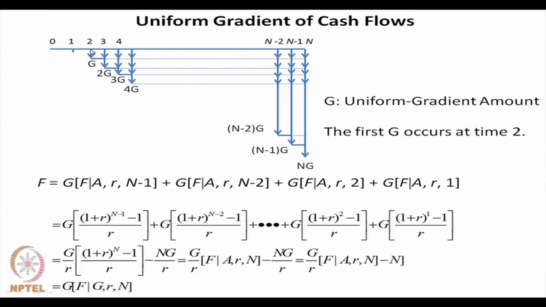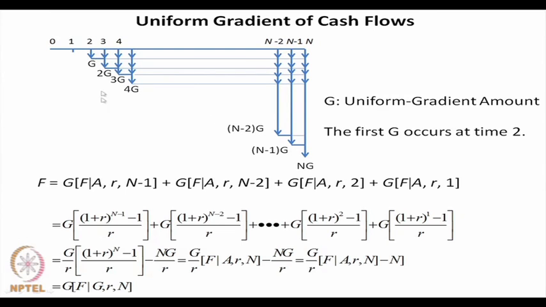Hence, I can consider all the g's. This is an equal payment series of value g. This is another equal payment series of g. This is yet another. This is yet another, and lastly this.